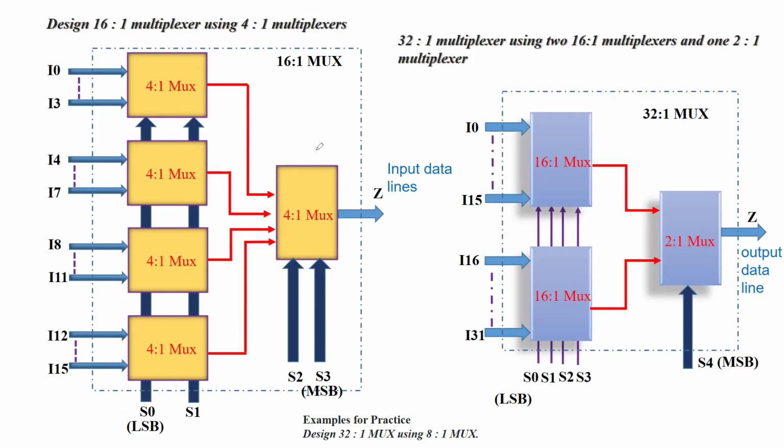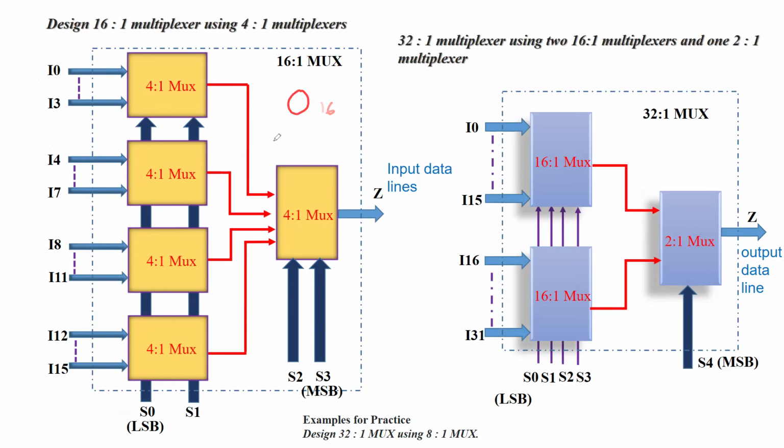So the definition of 16:1 MUX is 2 to the power 4 is equal to 16 input data lines. So I0 to I3, I4 to I7, I8 to I11, I12 to I15. So from I0 to I15, the number is 16 input data lines. 2 to the power 4 is equal to 16.